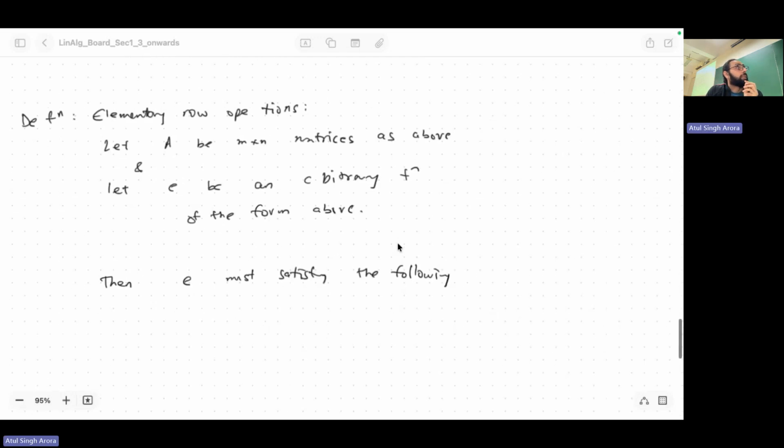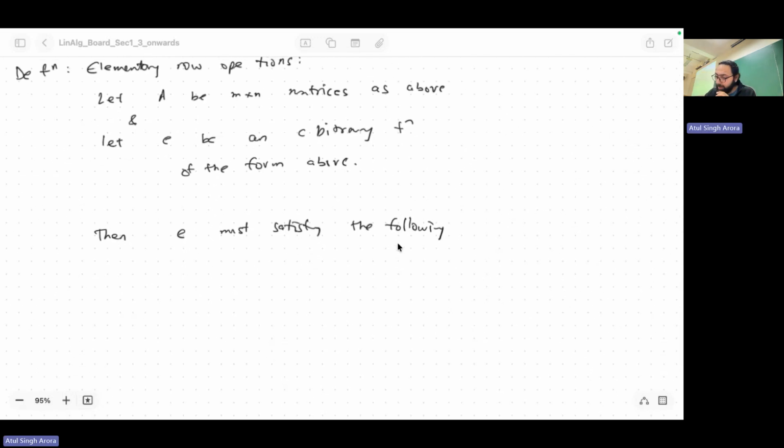Okay. So this is fine. And so what is this map? One can write this map a little bit more formally. You fix some indices R and S and a scalar C that's not zero. So what is the map?